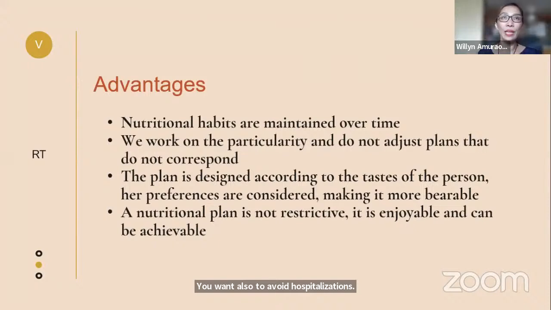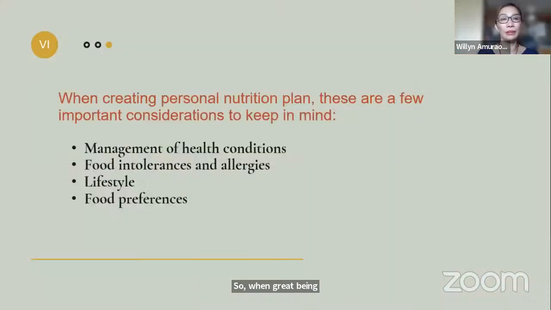So when creating a nutritional plan, there are some important considerations to keep in mind. What are those? Management of health conditions. You have to consider this in personalized nutrition. Is this diet appropriate for me while I have diabetes mellitus?